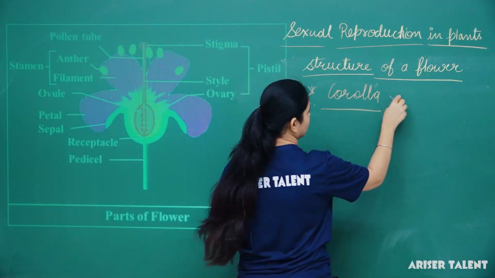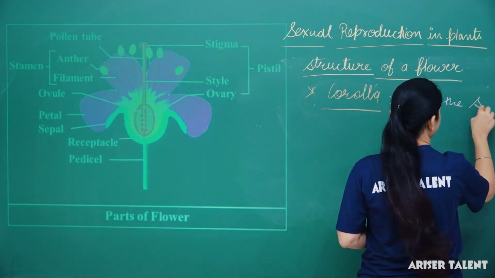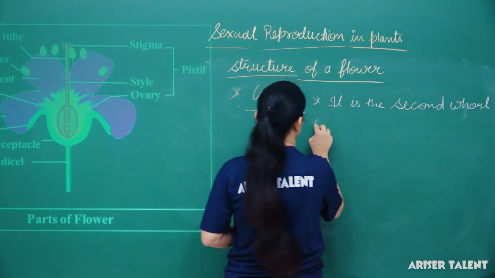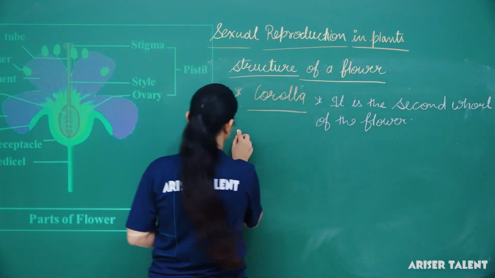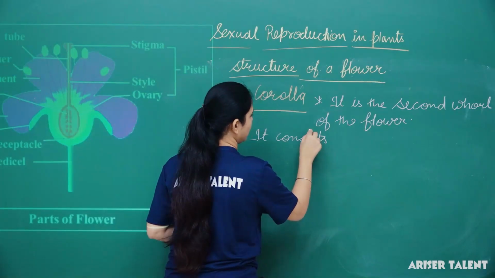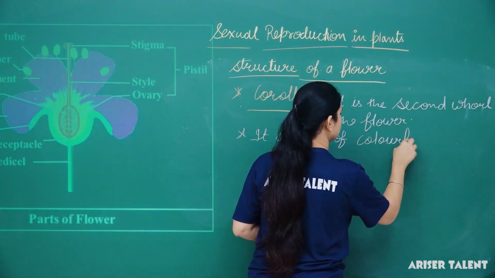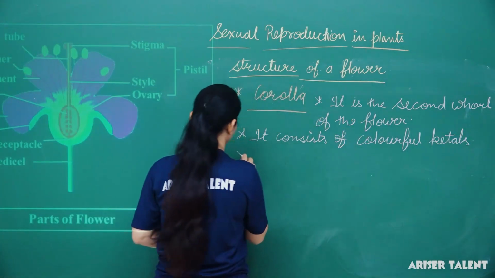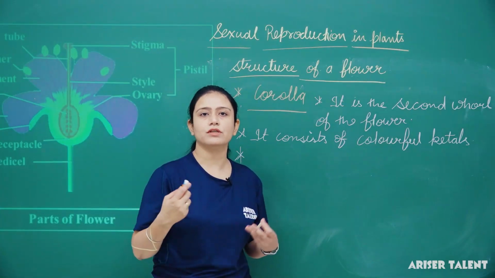It is the second wall of the flower. What is the function of these petals? These colorful petals generally attract the insects for the pollination.